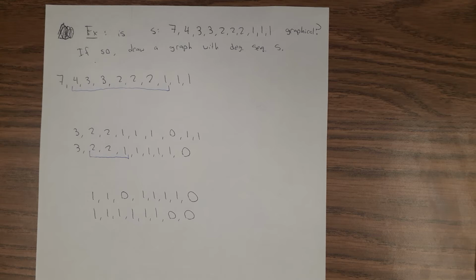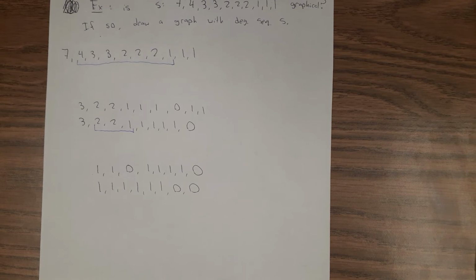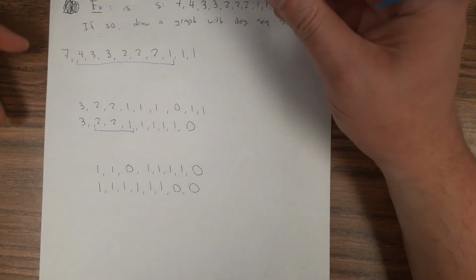Okay. I can tell you what we could do. I could keep going. I can keep doing this until I'm basically down to a sequence of only zeros. I don't want to do that because this gets really boring after a while.